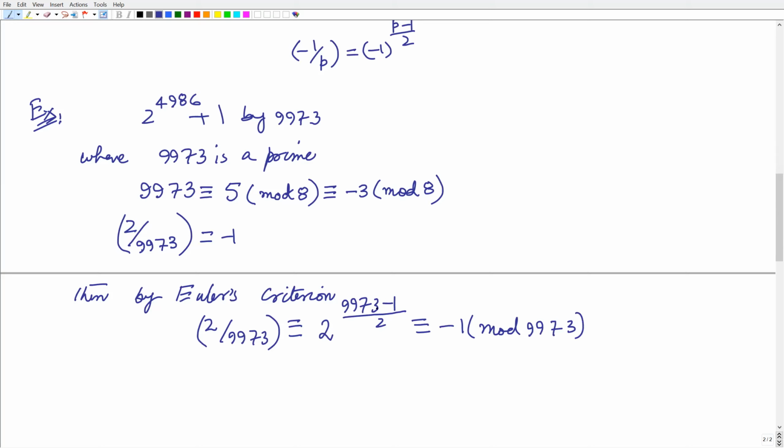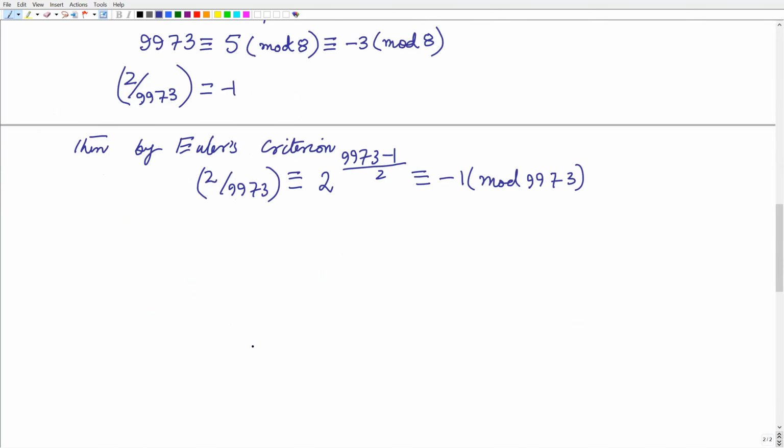Now 9973 minus 1 is 9972, and 9972 divided by 2 is 4986. It means 2 to the power 4986 is congruent to minus 1 modulo 9973.